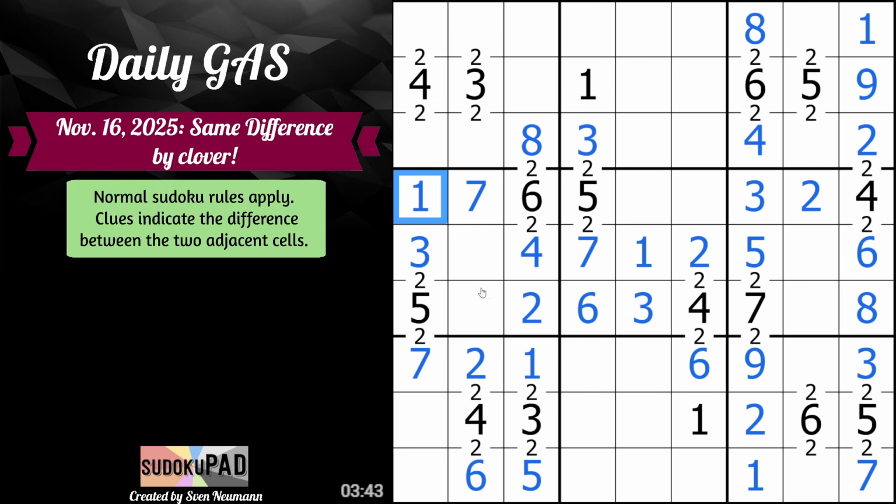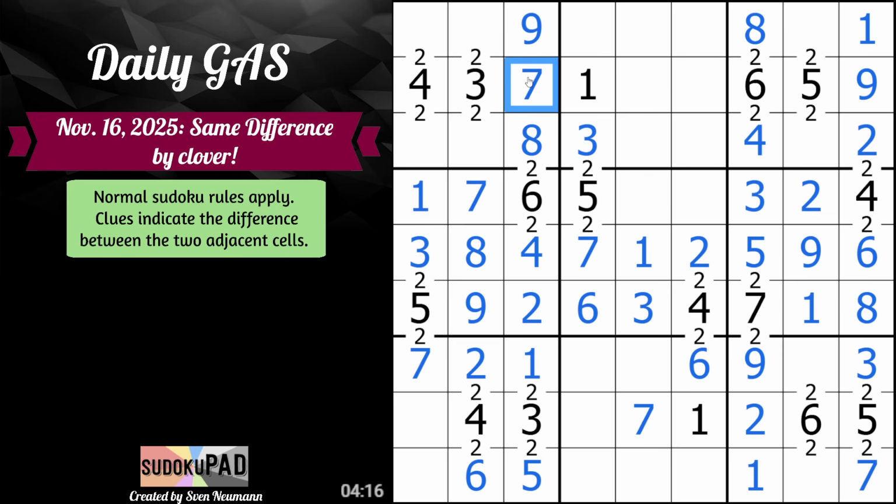Oh, well. This is going to be 9. This will be 1. This is 8. This is 9. And then 8, 9, and what? 7? 7, 8, 9. 9 gives us 7, 9. There we go.